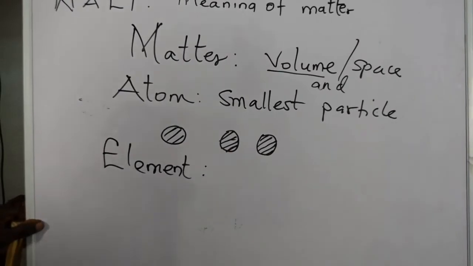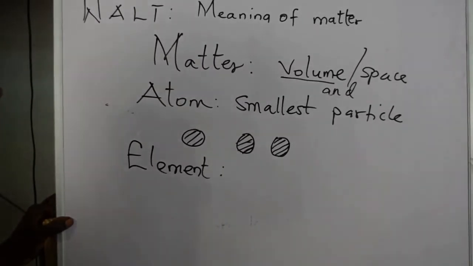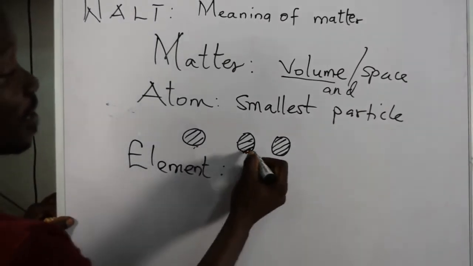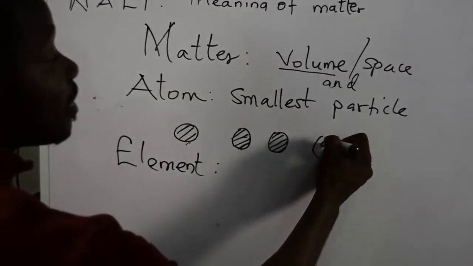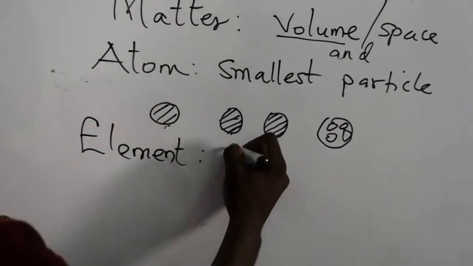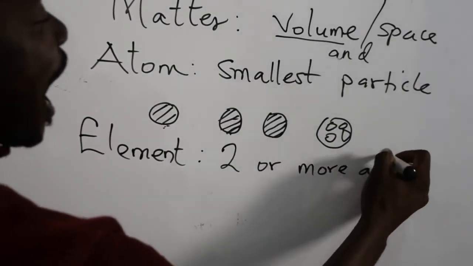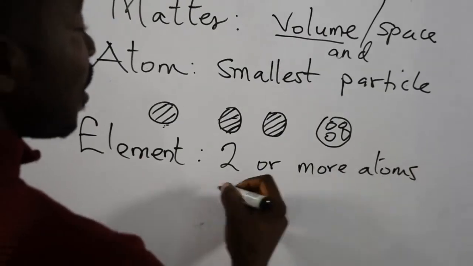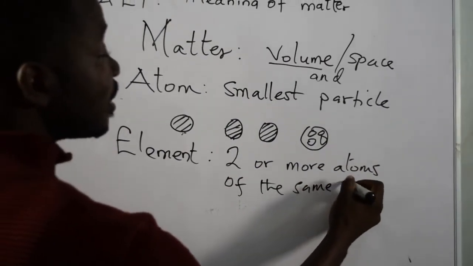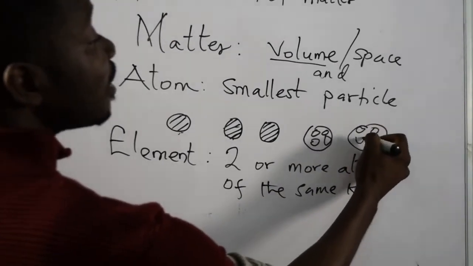What an element is? It's simple. Before you can form an element, what you need is two or more of these of the same kind. So element is two or more atoms. Don't forget this, of the same kind.